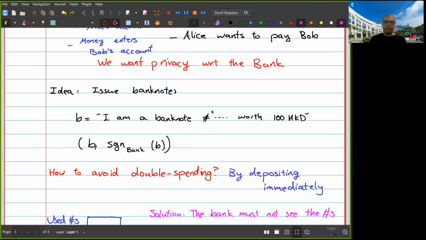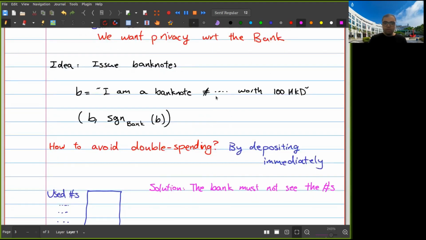And because the bank doesn't know the serial number, the bank cannot use the serial number to track the transfer. So when Bob puts this back to the bank, the bank can check the signature. The bank can make sure that this is a valid banknote. But since Alice chose the serial number and the bank did not know the serial number, the bank cannot know that this was Alice's banknote.